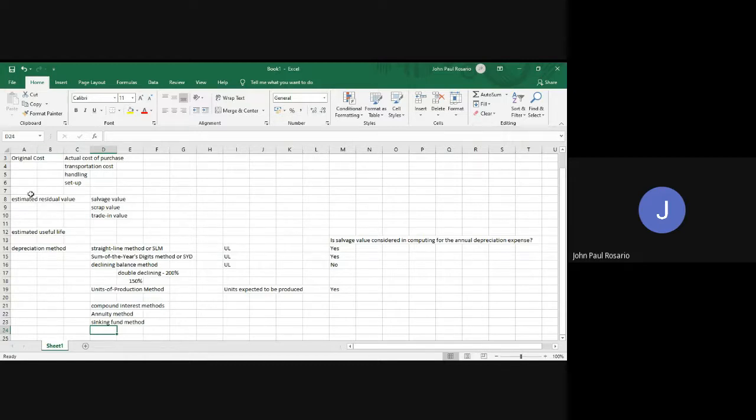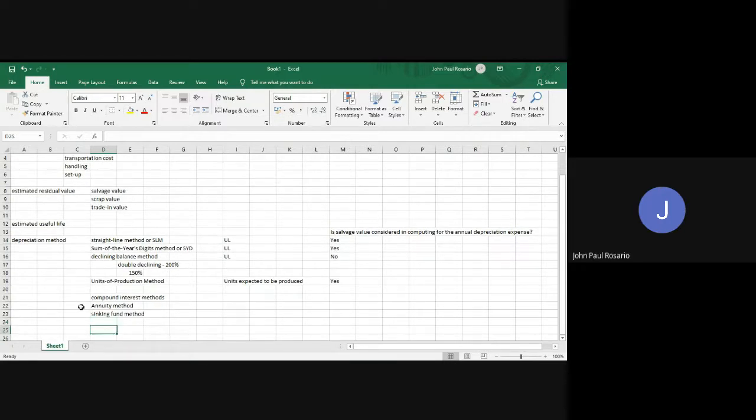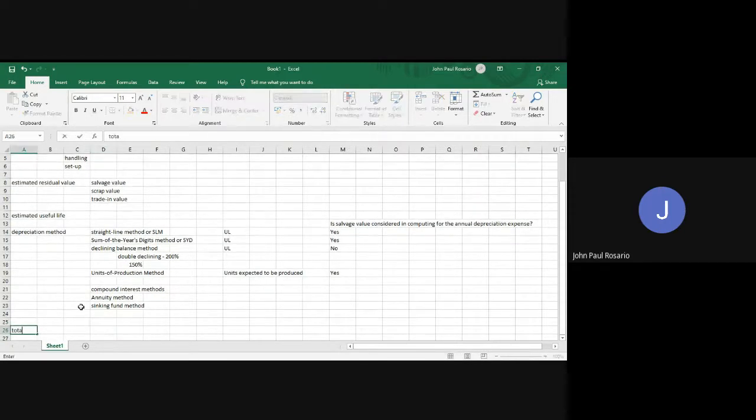Aside from these, we also have what we call the total depreciable value, which is calculated by subtracting the salvage value from the total cost.